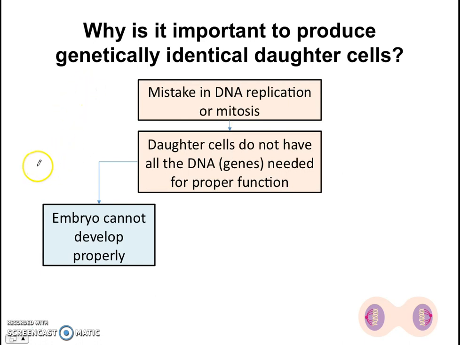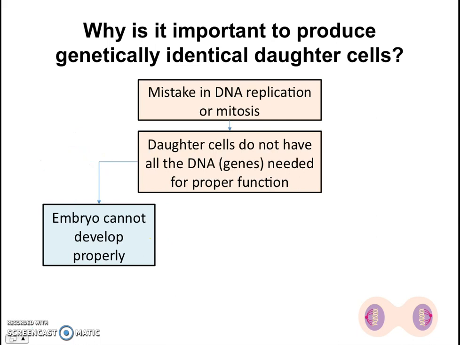Imagine when your zygote undergoes mitosis to form the embryo, and that there are mistakes during mitosis. Then some of the cells in the embryo will be missing important genes that they need to function properly. And you'll end up with the embryo not developing properly, and possibly even the fetus not being able to develop until it can be given birth to.